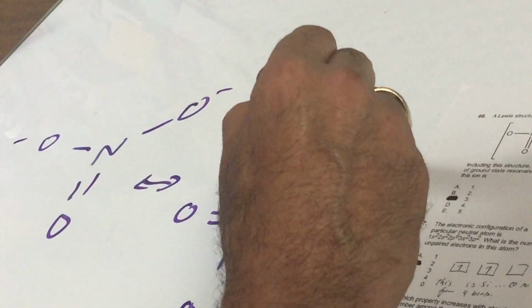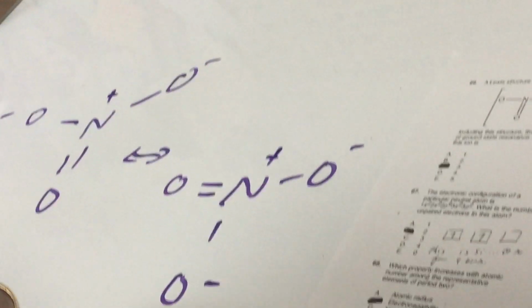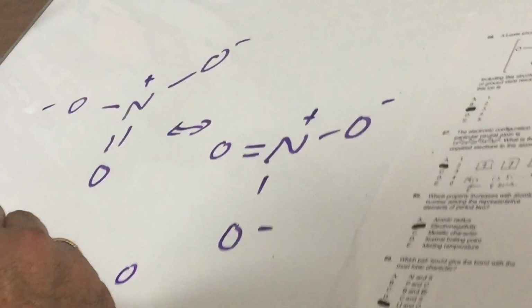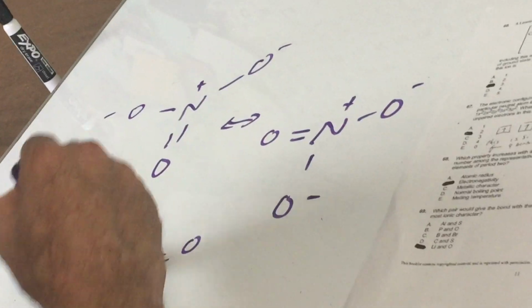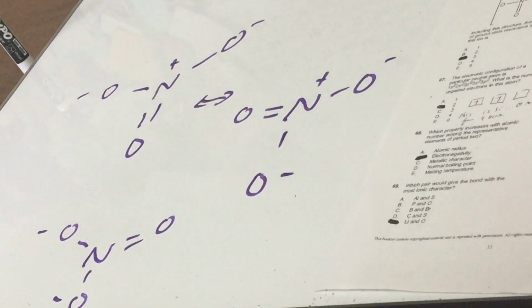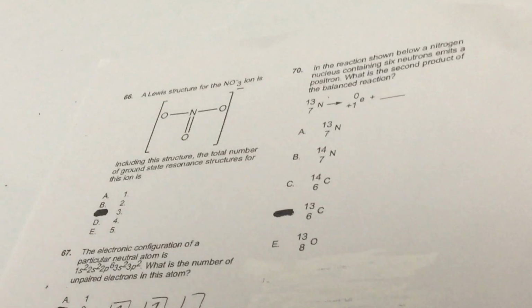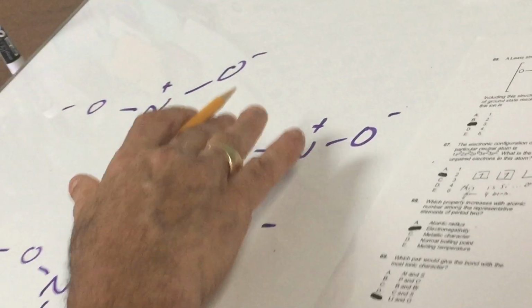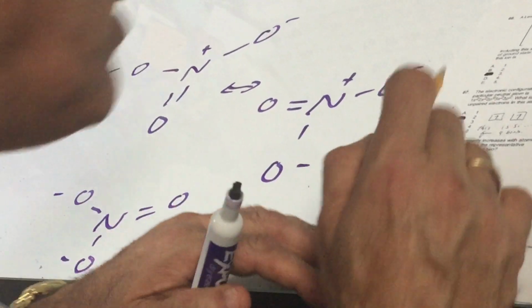Oxygen with a single bond is this. I'll put in the formal charges though. And then finally, we could put a double bond up here. So as you can see, the double bond could move to all these different spots, and you would have three different resonance forms. So notice the actual molecule is simply a combination of all these resonance forms.